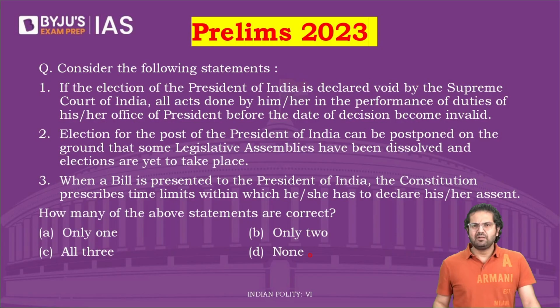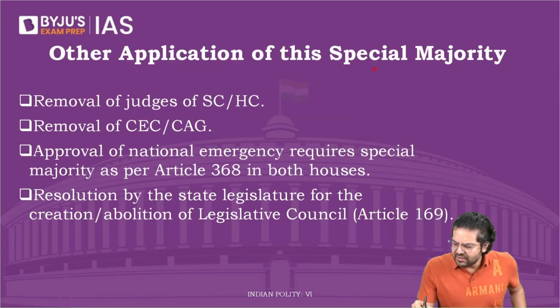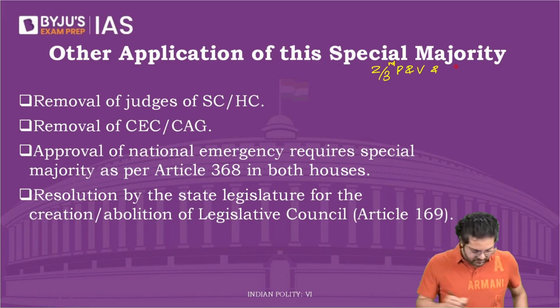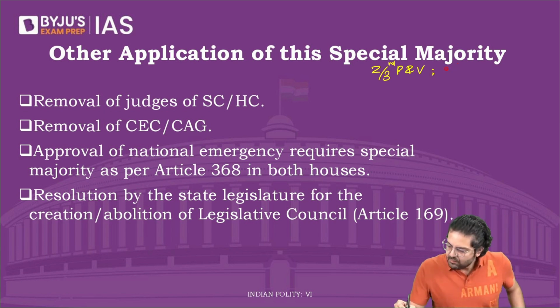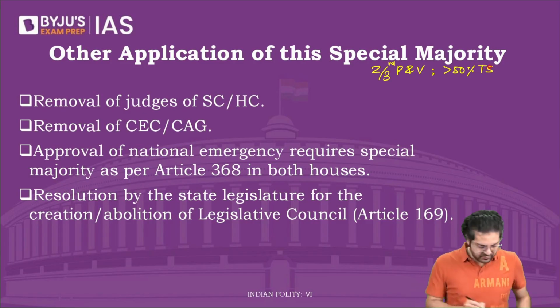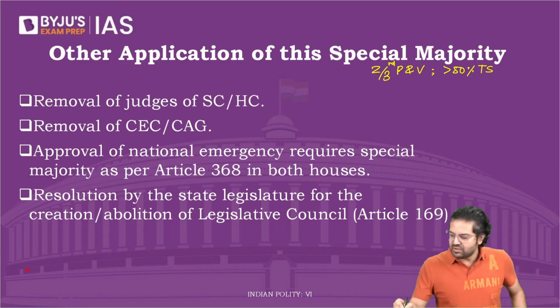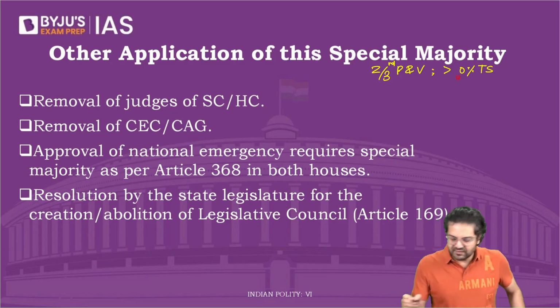One small point. The same kind of majority, that is 2/3 present and voting and more than 50% total strength, is also used in certain other situations in the country.